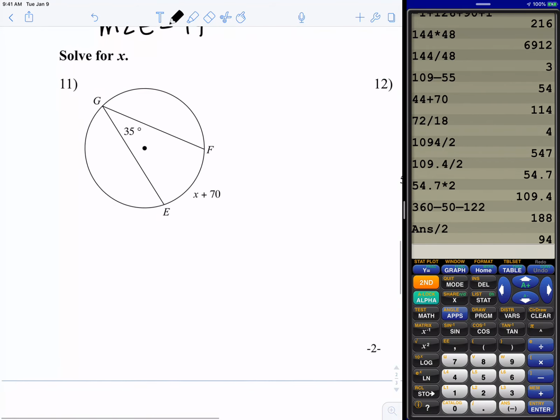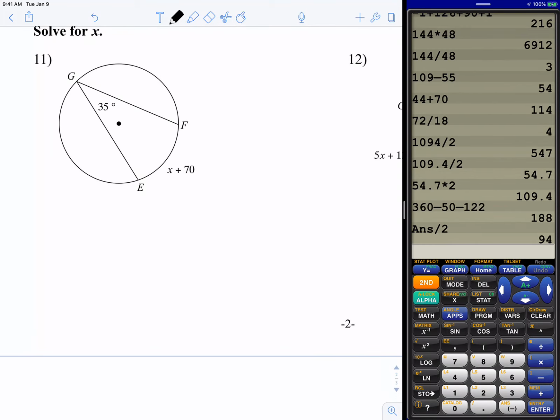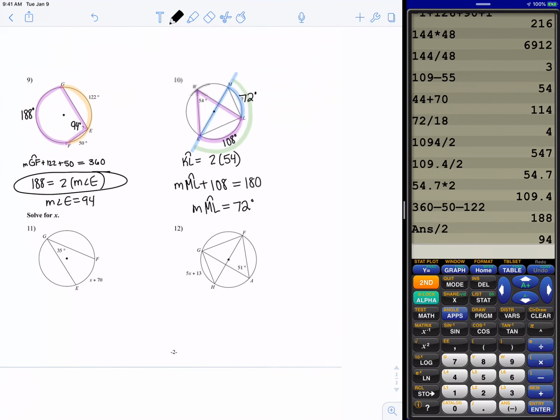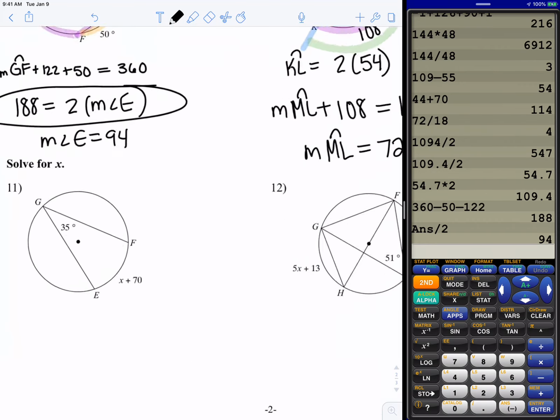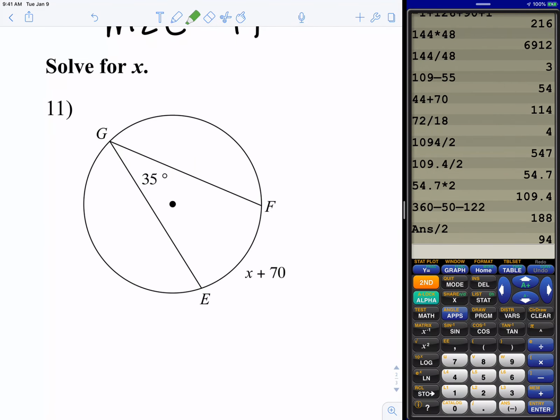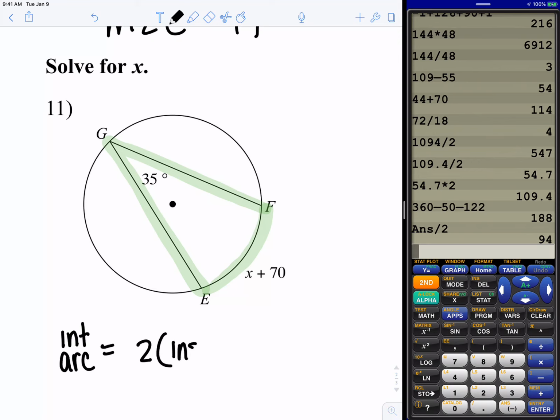All right, number 11. Now we need to set up an equation to solve for x. So 35 is this inscribed angle right here, and EF is the intercepted arc. Again, the formula is that the intercepted arc is equal to 2 times the inscribed angle.